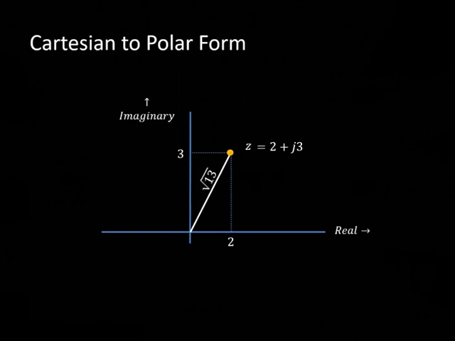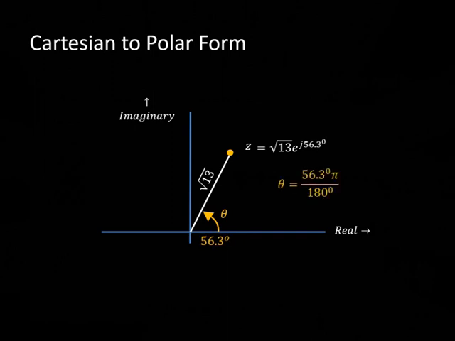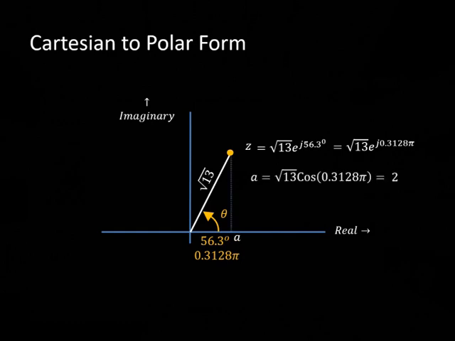The angle is calculated by the inverse tangent of the height of that triangle, 3, divided by the base, 2. We can work with those angles in degrees, but often in DSP we use radians. Transformation from the polar form to Cartesian is simply done by taking the cosine to obtain the real part and taking the sine on that triangle to obtain the imaginary part, as we can see there.